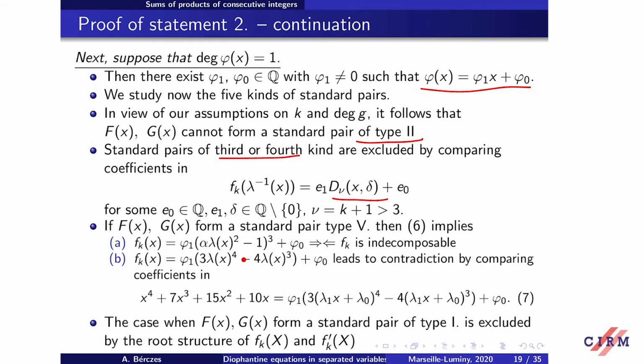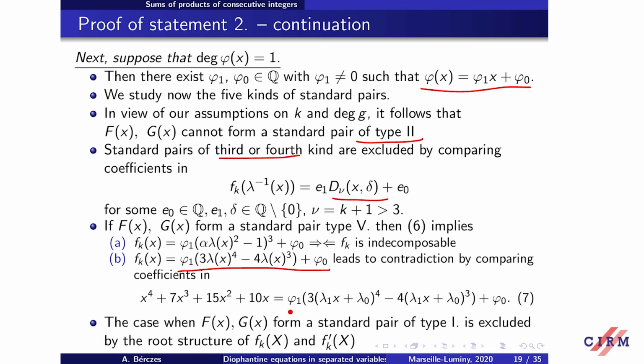If we look at this, then this shows that there is a polynomial a times (λx² minus 1) to the cube. But this means that this polynomial is composed of φ₁x³ plus φ₀. So this is a non-trivial composition of polynomials. F_k cannot be of this shape. On the other hand, we may have F_k(x) equals this shape.